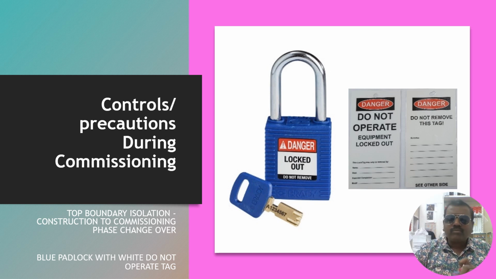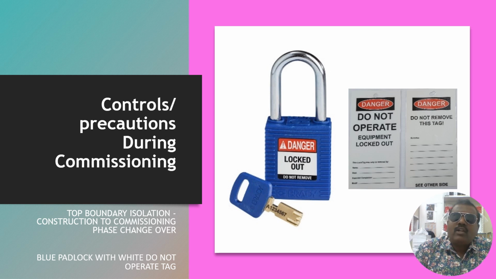If we are not controlling that, the people who are working on the downstream can be affected. To have a safe work environment, we can lock the upstream so that it won't flow to the downstream. So the rest of the construction activity can be worked in a safe manner. So first we are providing this boundary isolation.